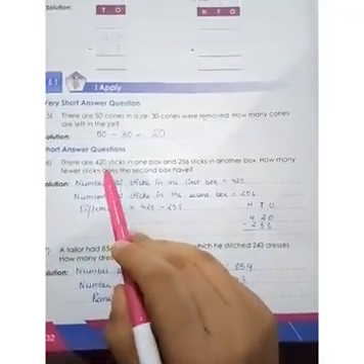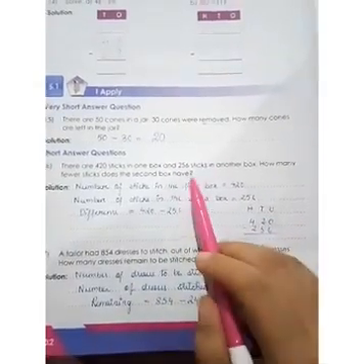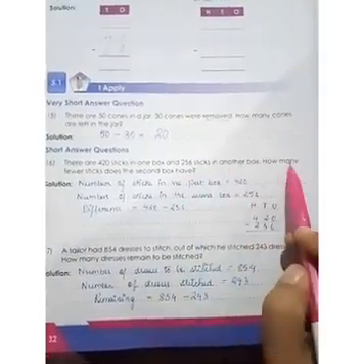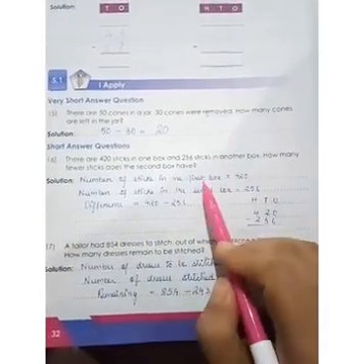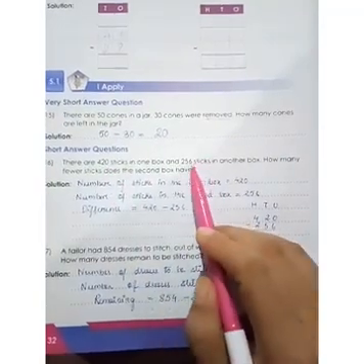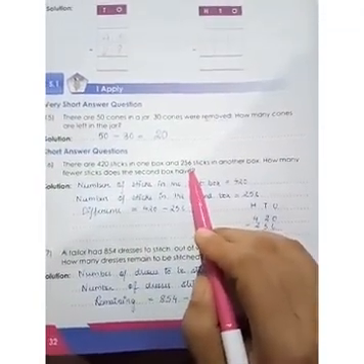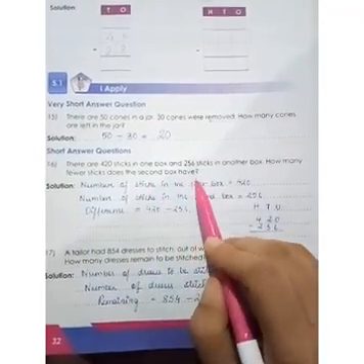There are 420 sticks in one box and 256 sticks in another box. How many fewer sticks does the second box have? So there are two boxes. The first box has 420 sticks, and the second has 256.